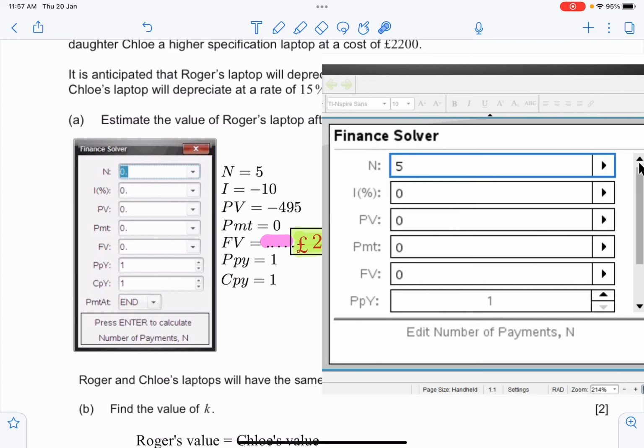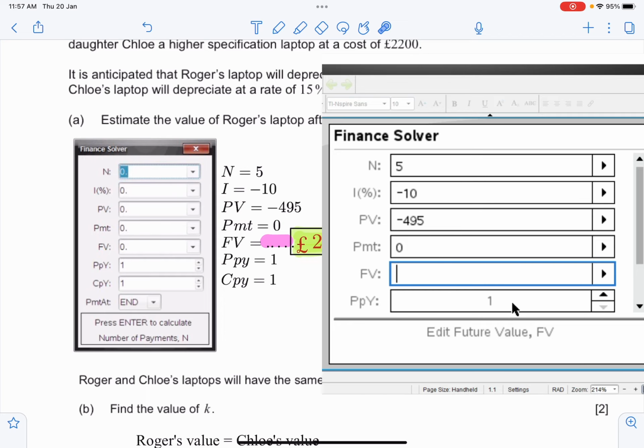Yeah, N is 5. I is minus 10. Please look at this. Why minus 10? Because it is depreciating. So therefore it should be negative 10. Please note it. The interest rate should be negative. PV, because we have invested, so minus 495.